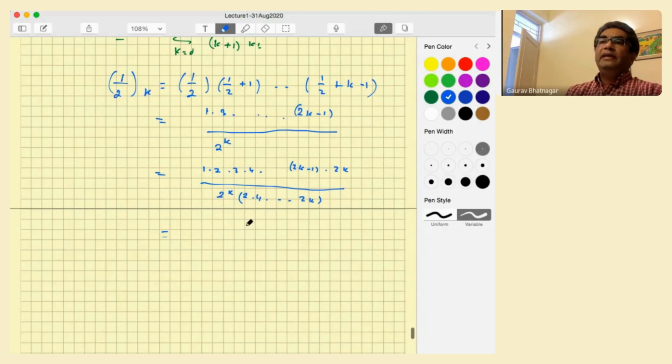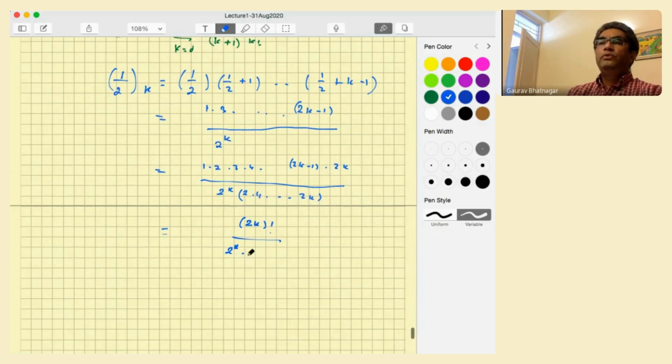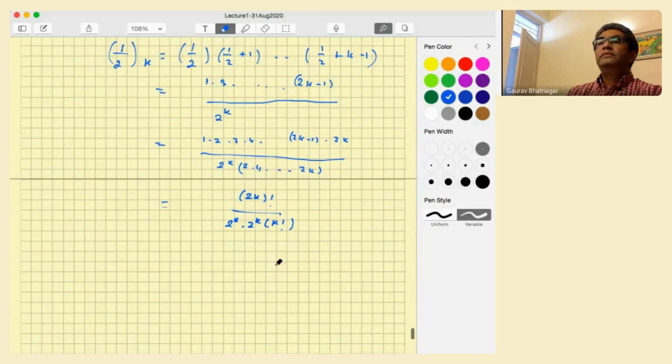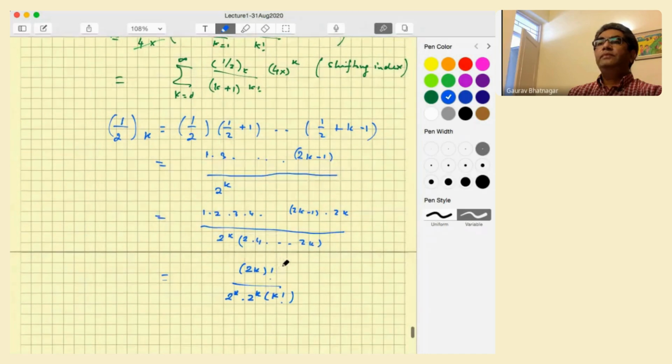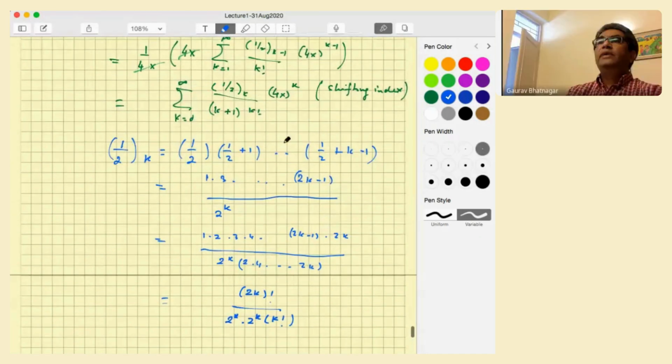So on top I get 2k factorial. At the bottom I get this 2 raised to k and then another 2 raised to k, and then I get 1, 2, 3 up to k factorial. Is that okay? Yes, Professor. Okay, so we're back here.